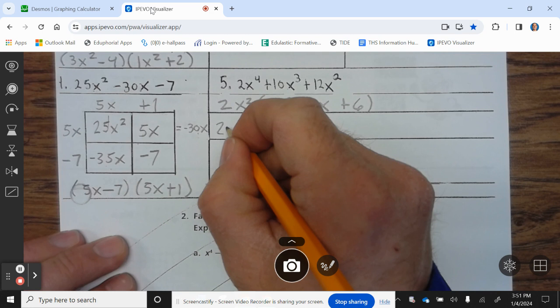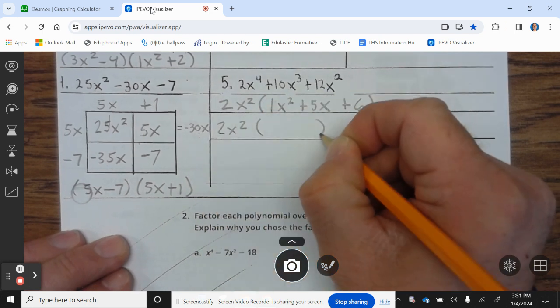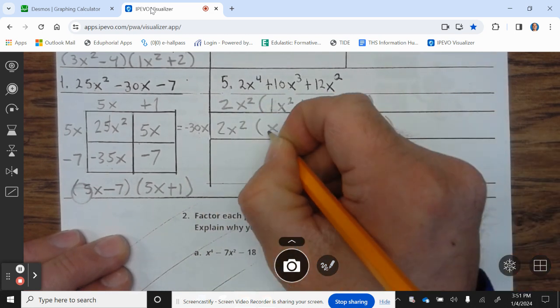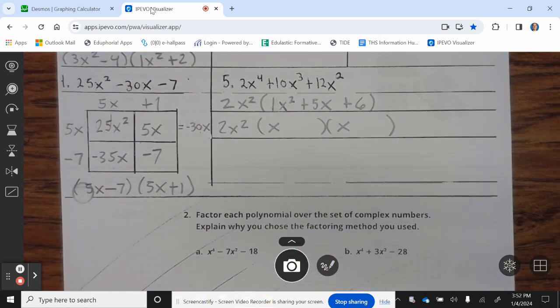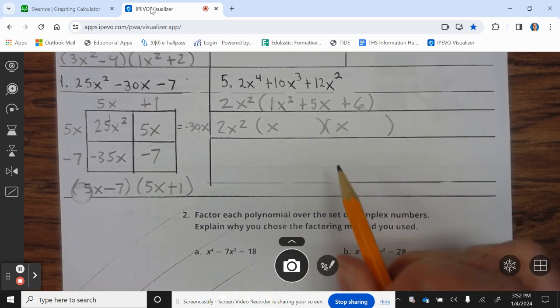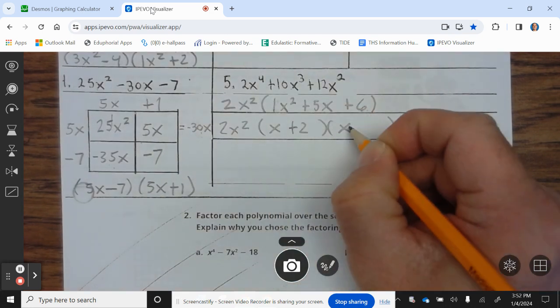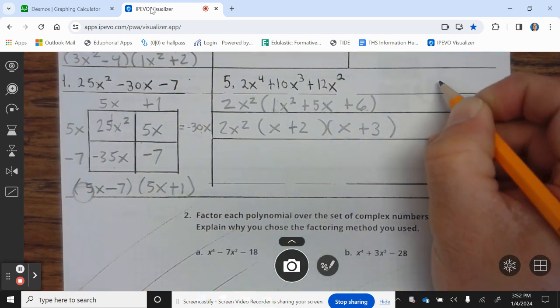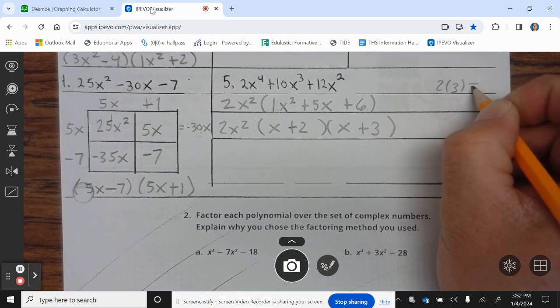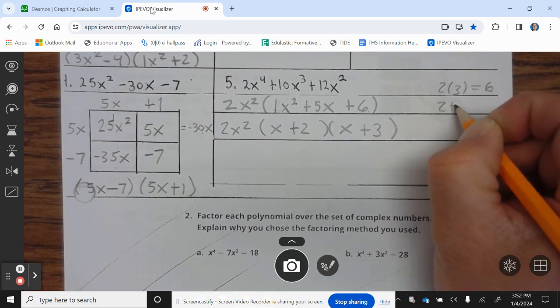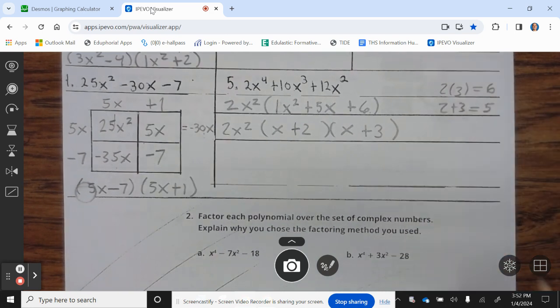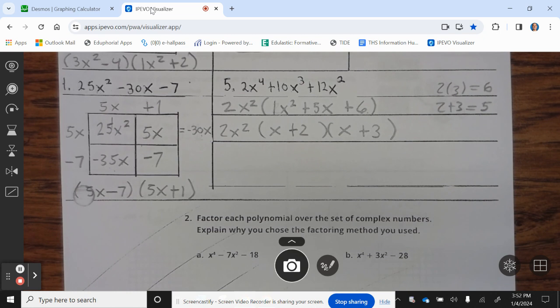Well, 2x squared, 2 parentheses, x and x. Now, the numbers that multiply to give you 6 and combine to be 5 would be plus 2 and plus 3. Because 2 times 3 is 6, 2 plus 3 is 5. All right, go ahead and finish it up.